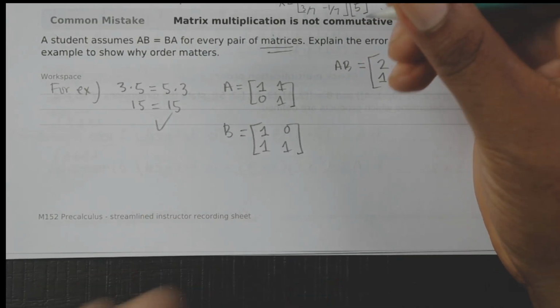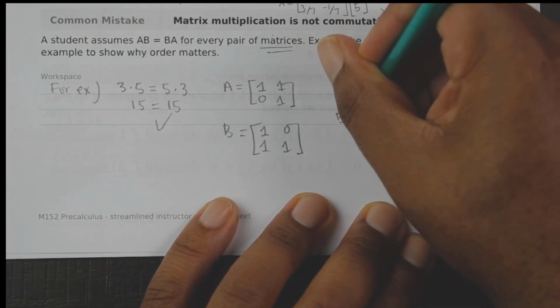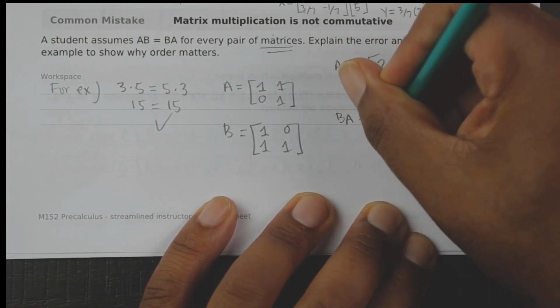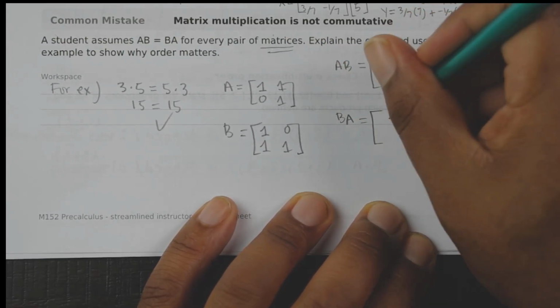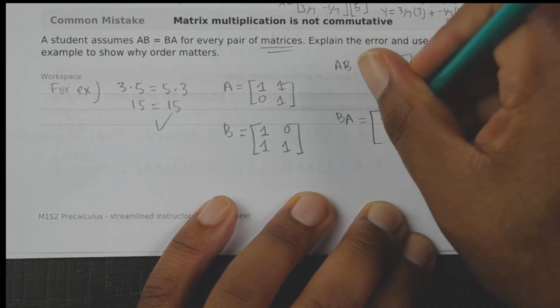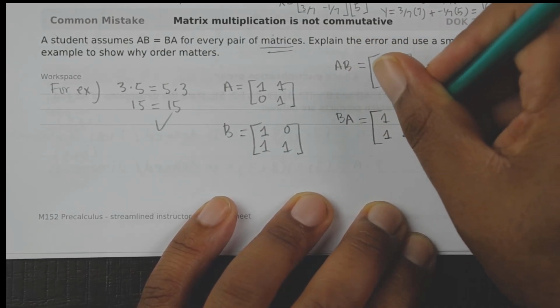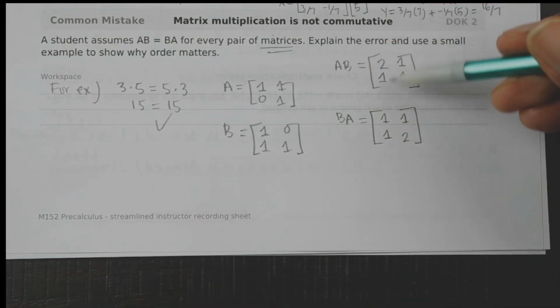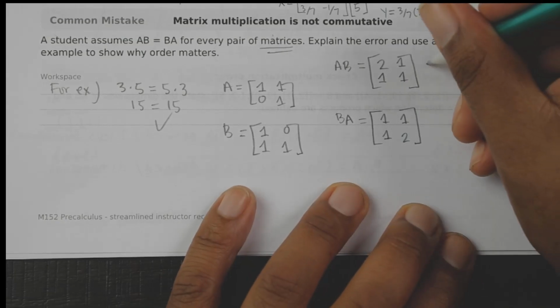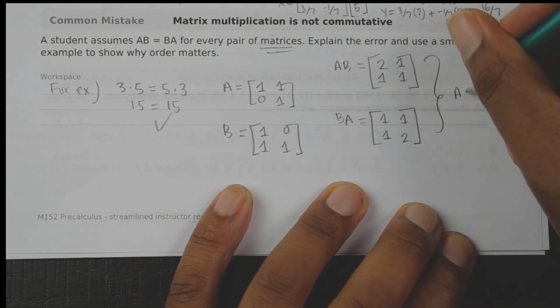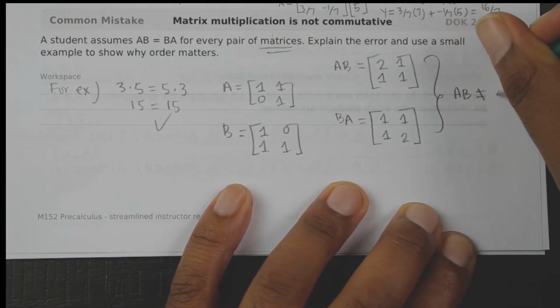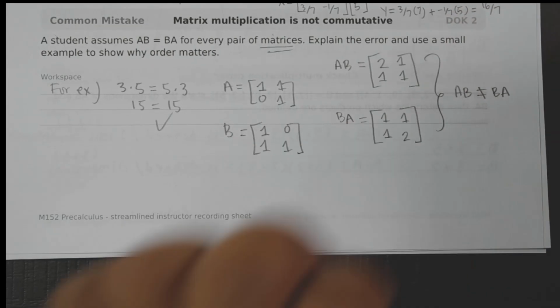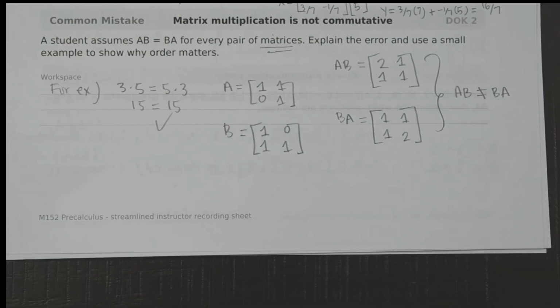And then if we're doing BA multiplying, we would end up with 1, 1, 1, 2. Okay. So look at the products. The products are different. So AB is not equivalent to BA with respect to matrices.